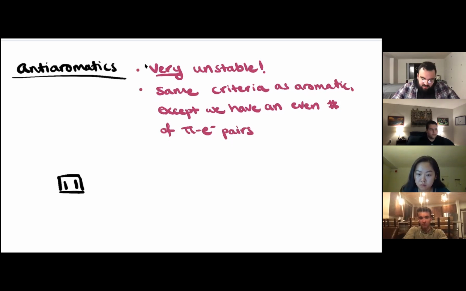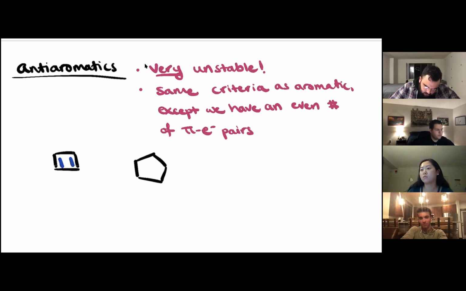And we see that we have a fully cyclic system. All the atoms are sp2. It's planar, but we have 2 pairs of pi electrons, which, in case you may not remember, for whatever reason, 2 is an even number. So yeah, it's anti-aromatic. Another example is a compound like this, right?